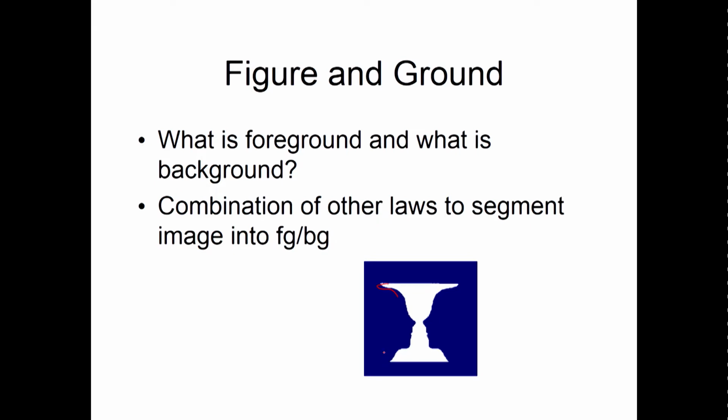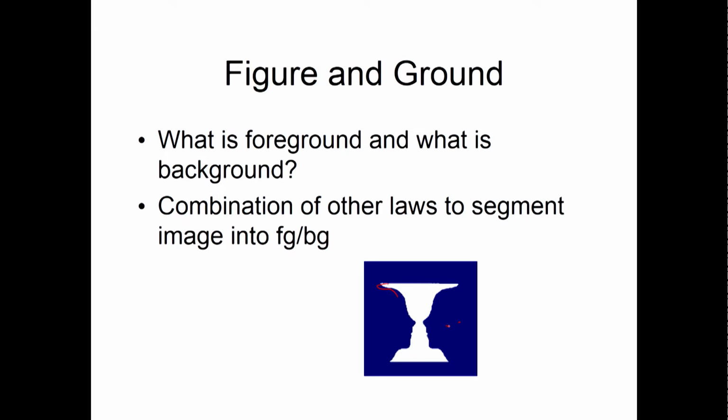Now, one of the unique properties of this particular example is that you can switch between the foreground and the background. If you focus on the blue, then that becomes the foreground, the white becomes the background.